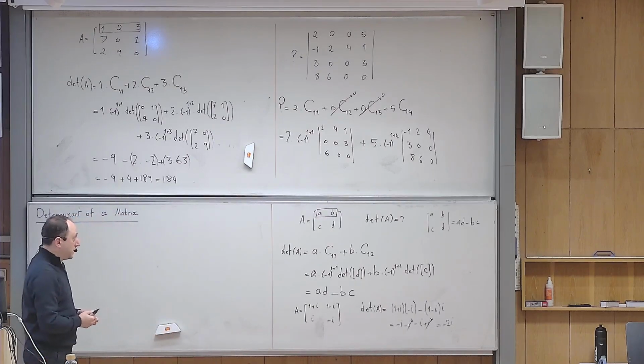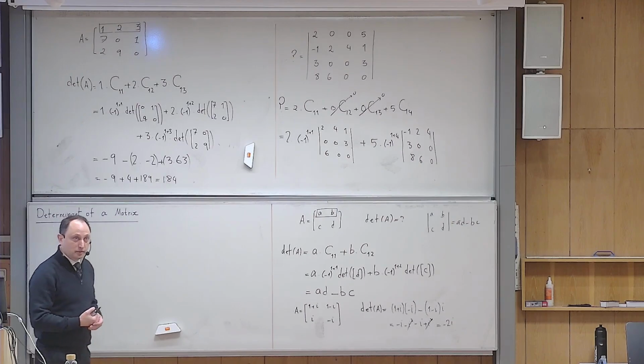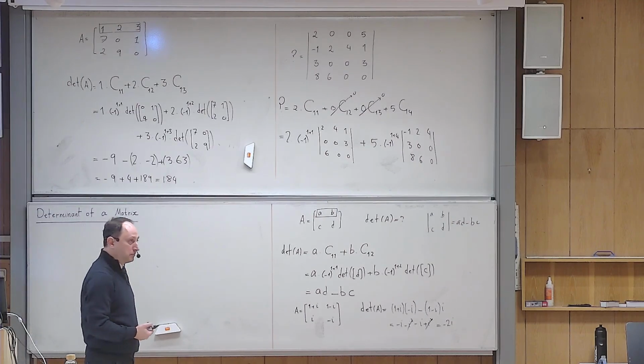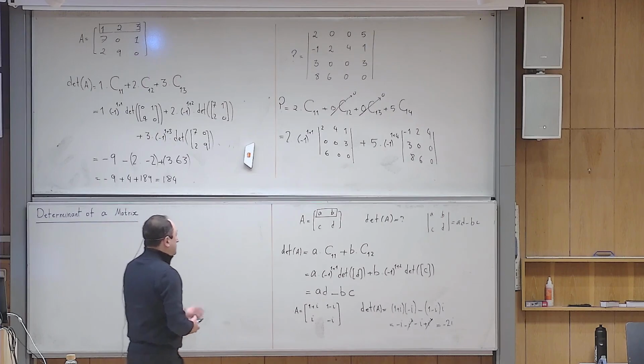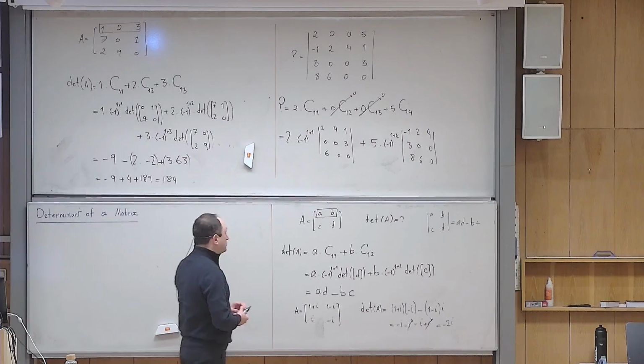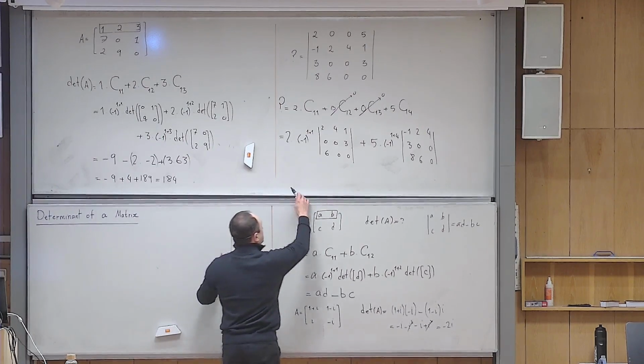It's also a good exercise in programming to write a code that calculates the determinant of any n by n matrix. Okay, so if we want to continue, let me make this a little bit simple.